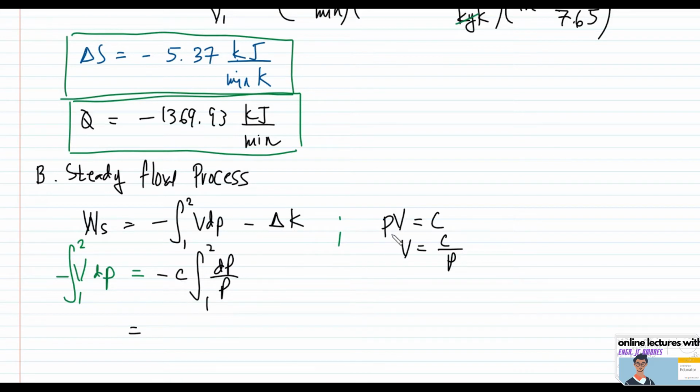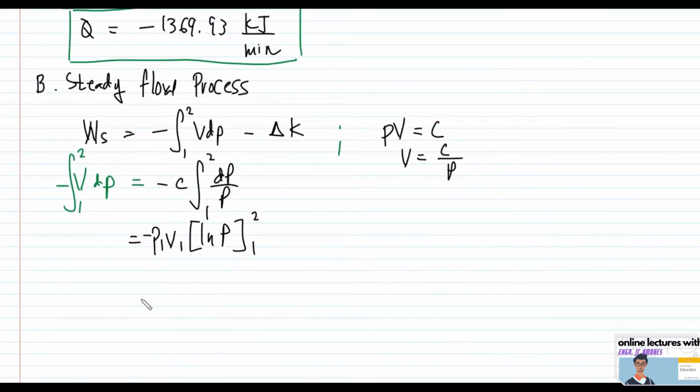So C is equal to PV, and PV could be P1V1 or P2V2. It's up to you. So negative P1V1, and then the integral of dP over P is simply ln P. Apply the limits from point 1 to point 2, so this will be negative P1V1 ln of P2 over P1.